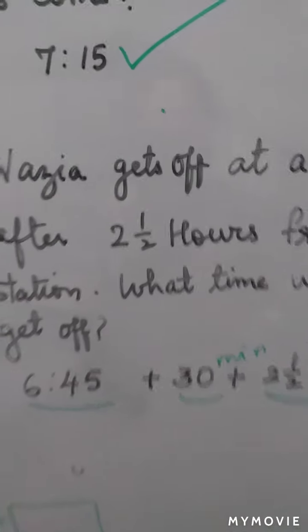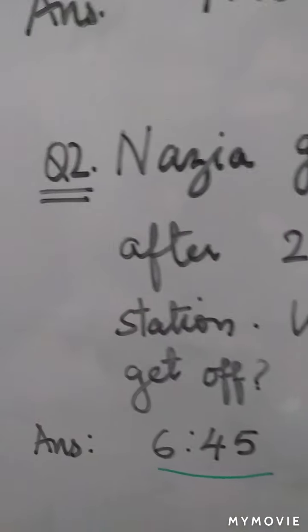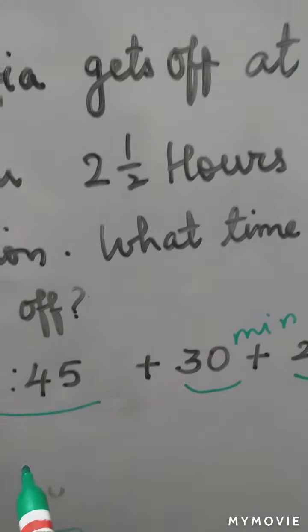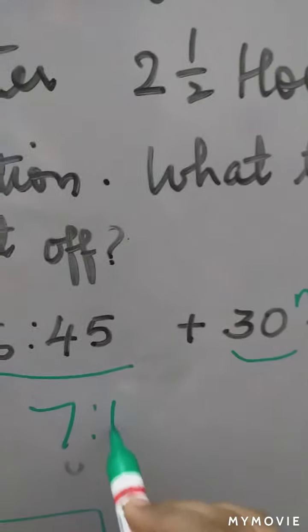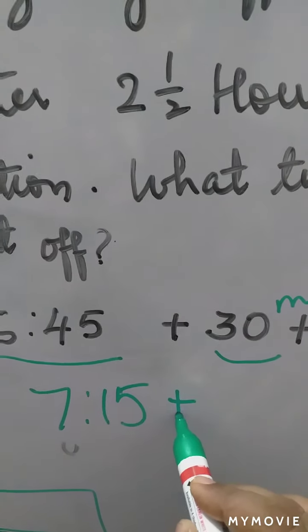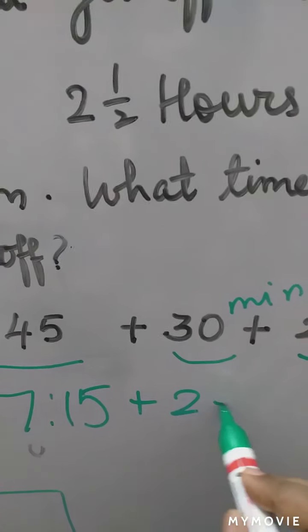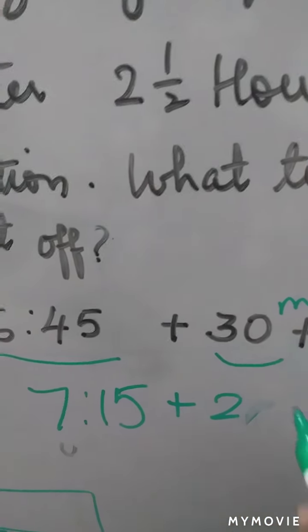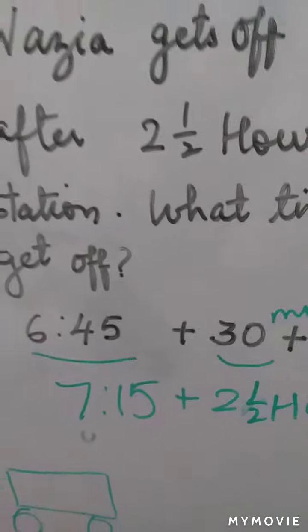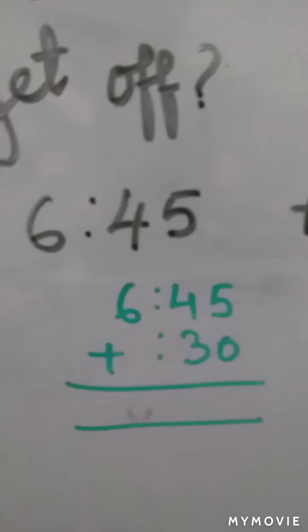So when we add 6:45 and 30 minutes, we get 7:15. Now 7:15 plus 2.5 hours. That is what we have to calculate now.